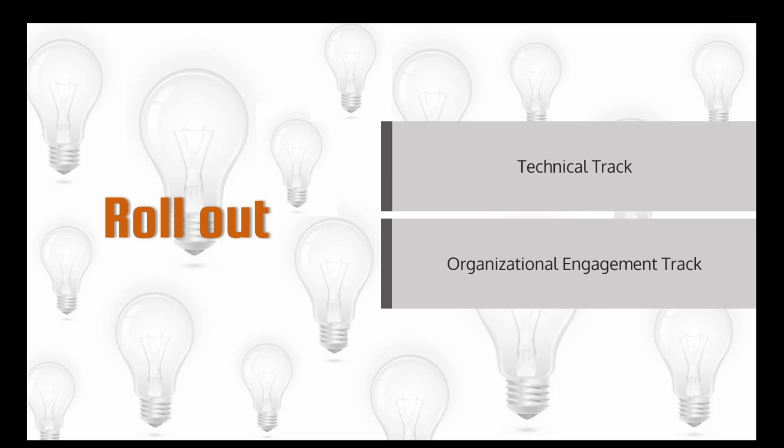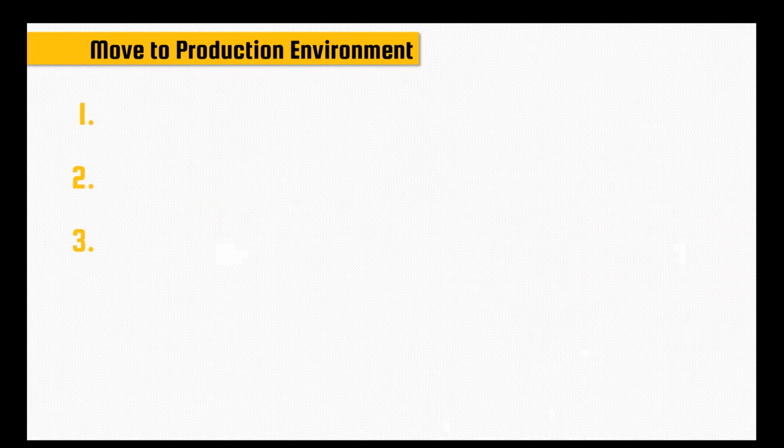I don't want to get into much details regarding the technical part, but I do want to comment on 3 points. In general, the most important, the core of the technical track would be moving between environments. That is, moving from the staging or QA environment to the production environment, or the development environment to the production environment.